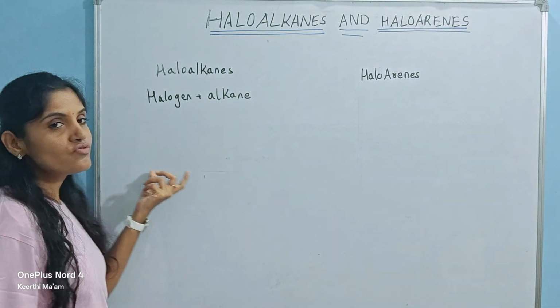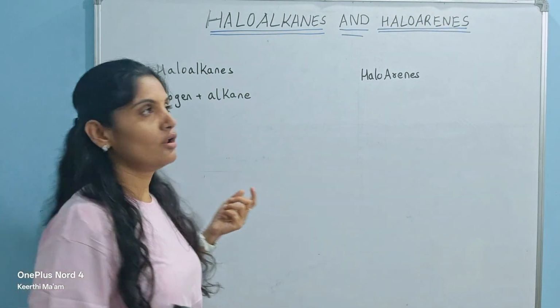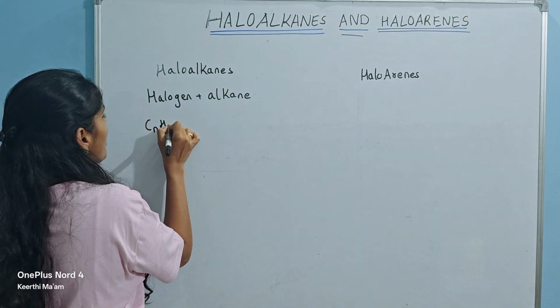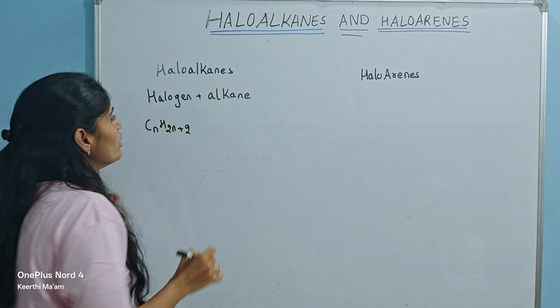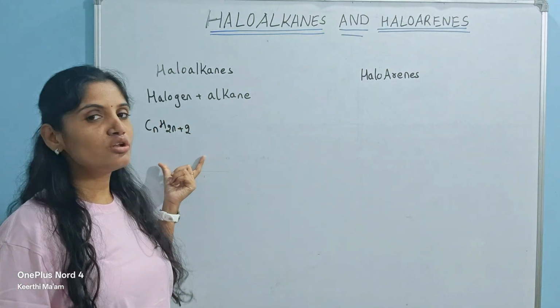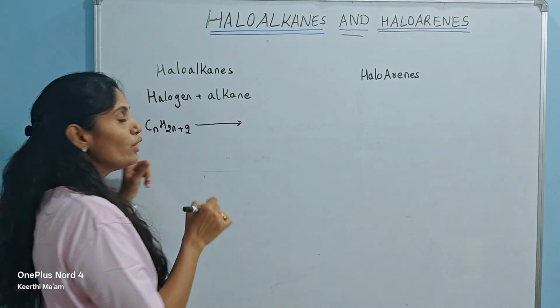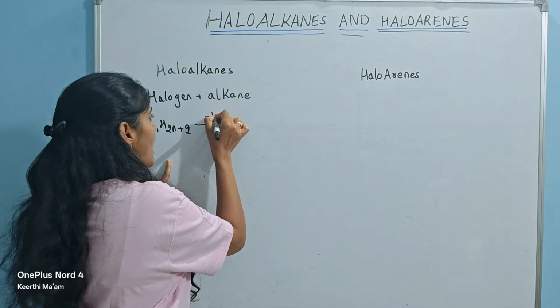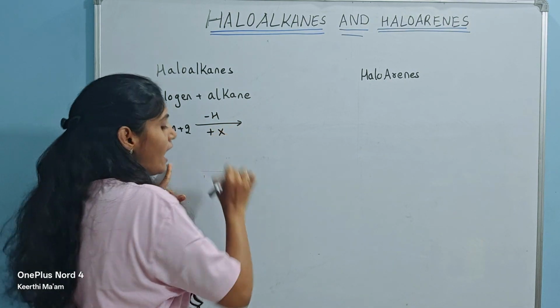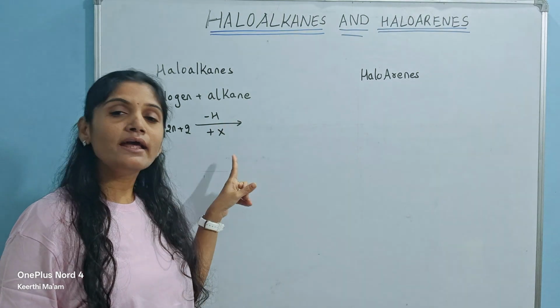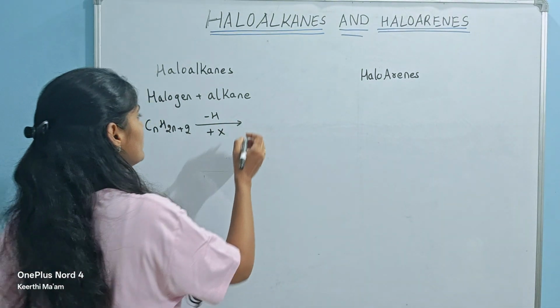Now, if you try to understand this in terms of its general formula, what is the general formula of alkane? CnH2n+2 is your normal alkane. Now, I will remove one hydrogen from this alkane and add one halogen.